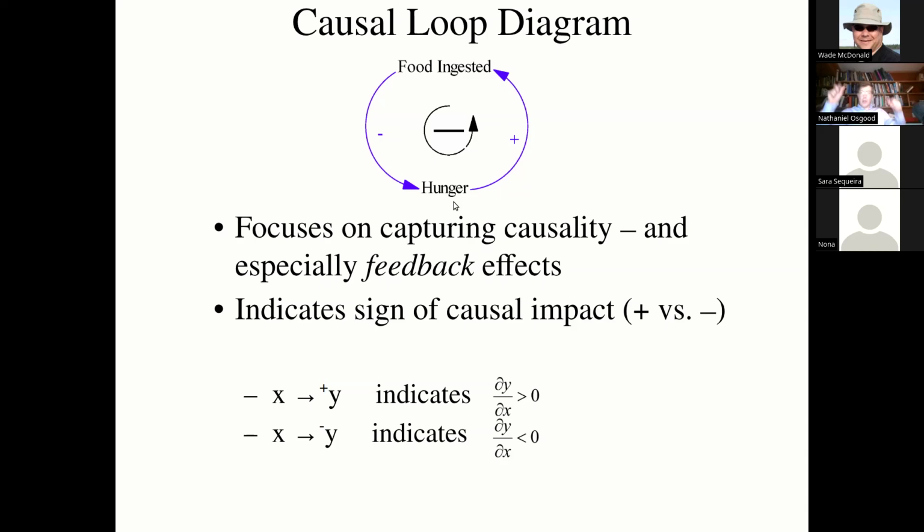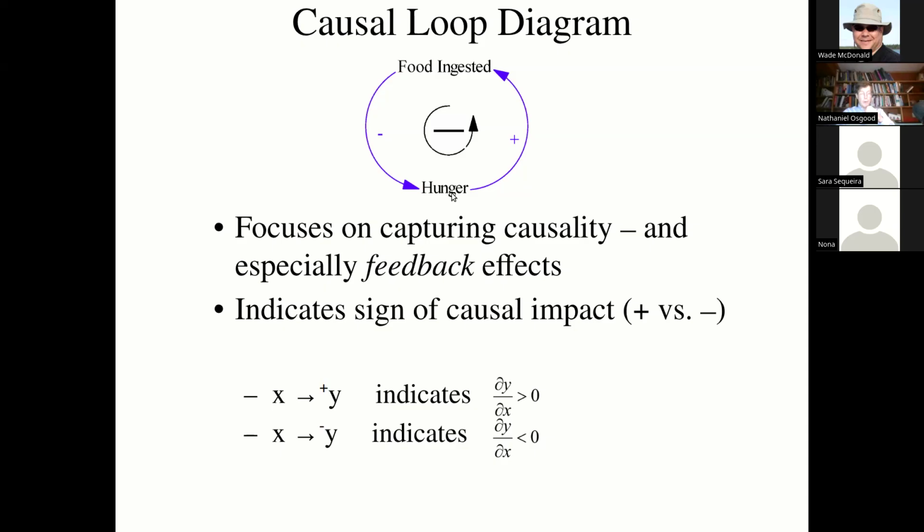So you could intuitively say if hunger goes up, food ingested goes up, but you have to be careful. It's a counterfactual: what it would have been if hunger hadn't gone up. It doesn't necessarily mean it's going up over time, but it means it's bigger than it otherwise would have been.